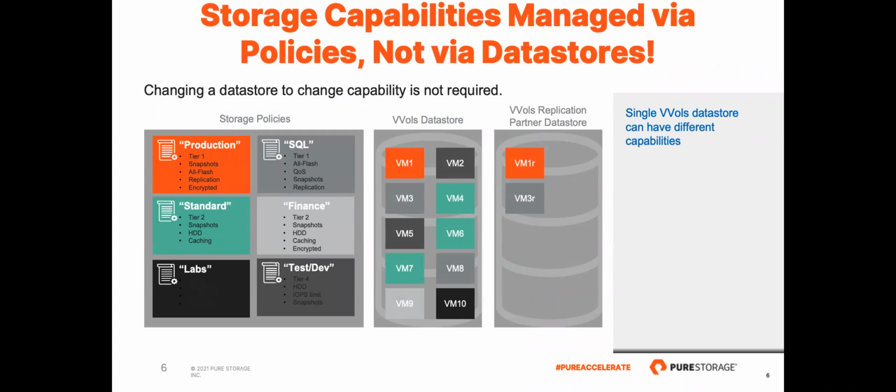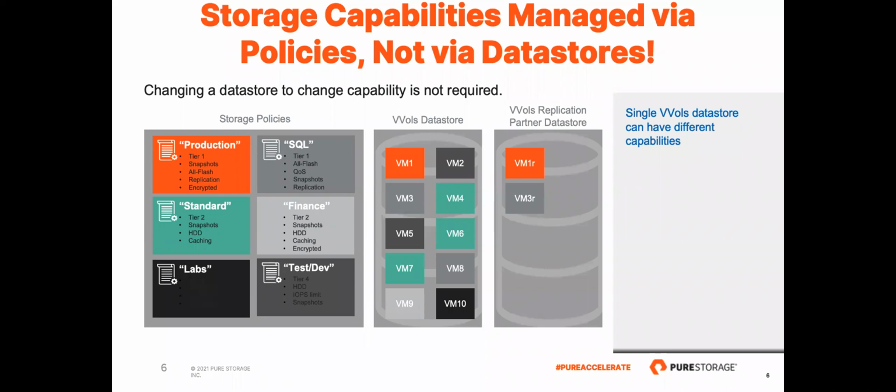By utilizing what we call SPBM to manage the storage, the need to physically migrate virtual machines to different data stores to get different capabilities is no longer needed. By changing a policy, the VM will get the new capabilities from that policy.